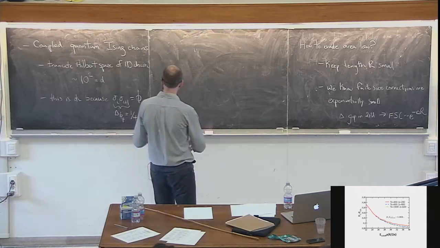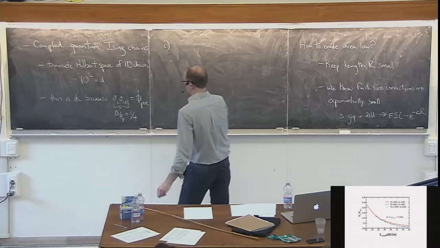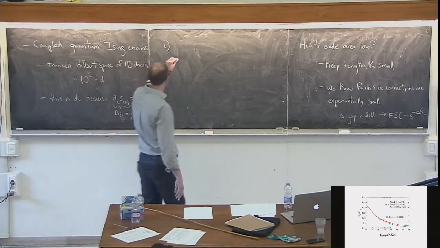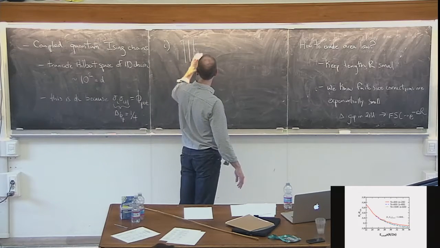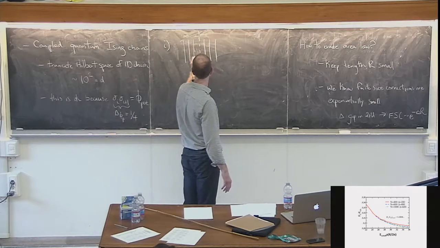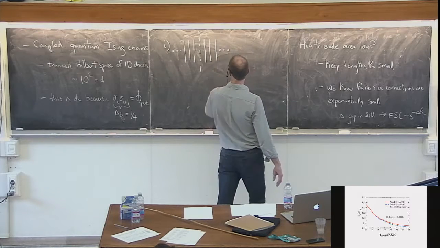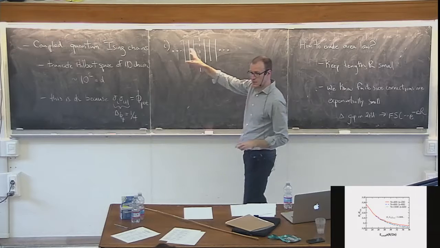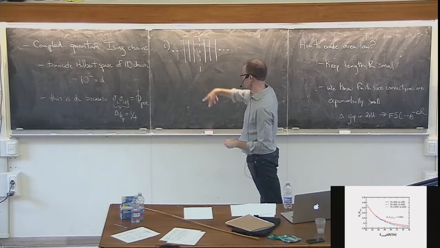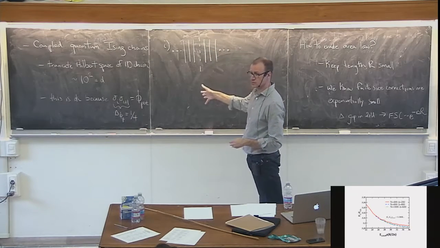The first thing you might want to check is this: I have my MPS representation for my coupled chains, and I compute the entanglement entropy along a cut between two of the chains.